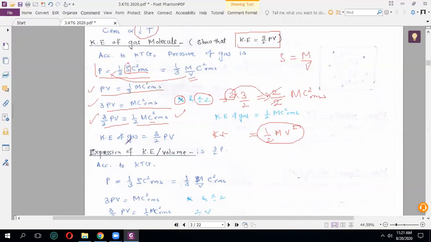So can we replace this half m C square RMS by the kinetic energy of the gas? Of course, because this value is the kinetic energy of the gas. So if we replace it by this symbol, we get 3/2 PV. So we derive this part. Understood, students? It is very easy, simply putting in the given values, nothing else.